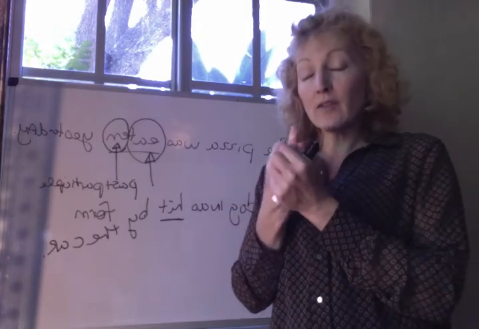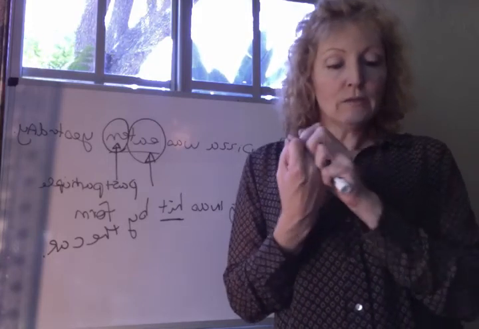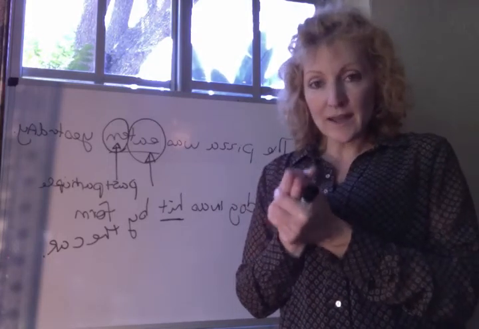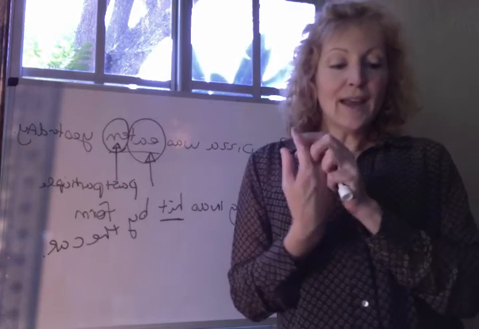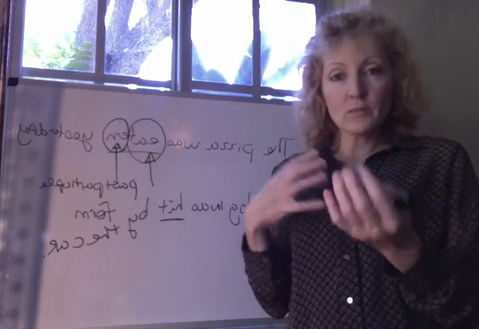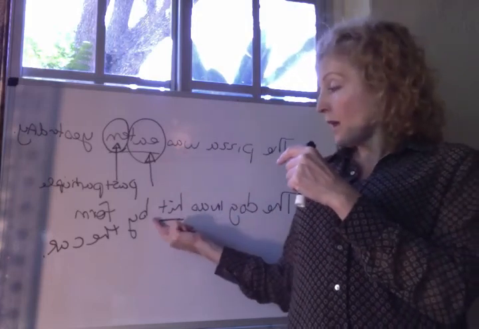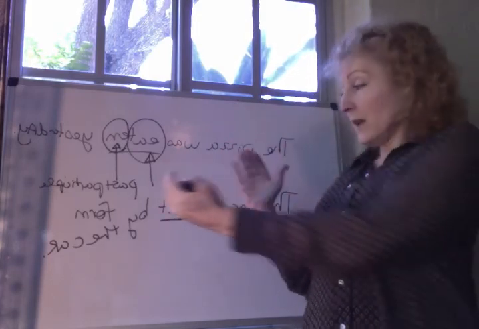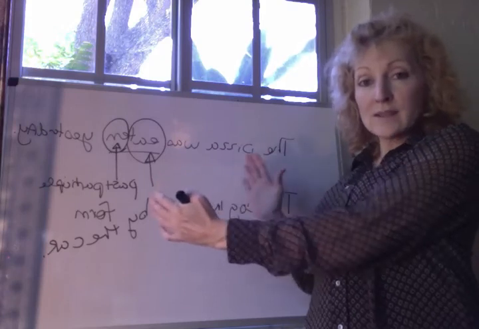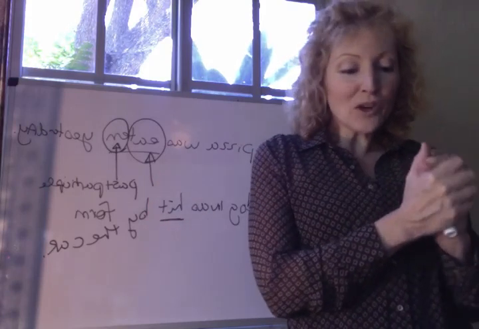If you can have the past tense marker ed, you know that it's a verb. If you can have the progressive marker ing, you know it's a verb. And if you can have the past participle form, which depends upon the verb, it can be en, it can be ed, it can be, as in this example, actually nothing at all. But in other words, you put it in the environment where it is a past participle, then you know you have a verb. We'll talk about adjectives in a minute.